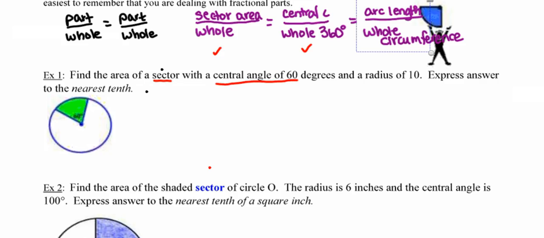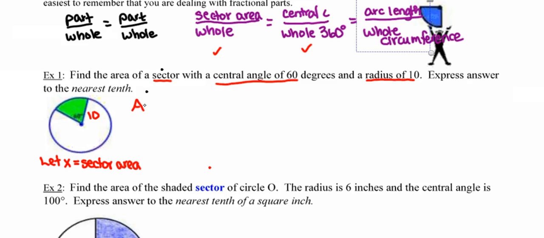So I'm going to ignore arc length and circumference and instead write a proportion that uses sector area and central angle. So I'm trying to find the area of the sector. I'm going to say let x represent the sector area. And in order to use this first ratio, I need to have the sector area over the whole area. Well, this question now becomes find the area of a circle whose radius is 10.